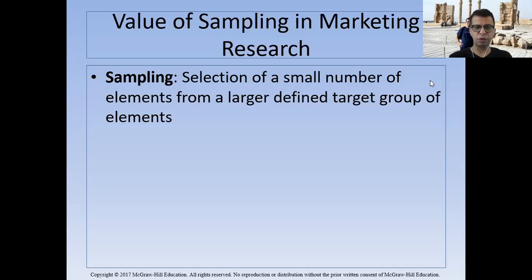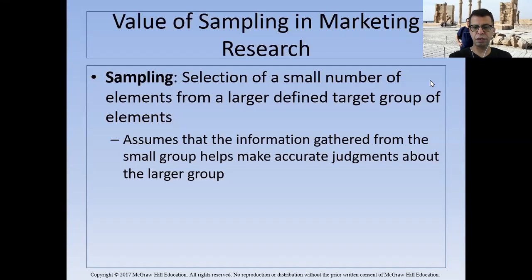Once you drive a car for a test, this is another sampling, to see how it feels when you drive the car. So we always do sampling because we cannot really manage everything.